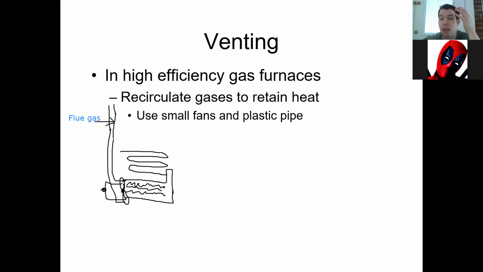If I put plastic piping on a low efficiency furnace, it would not be able to handle it because of the high temperature. It would literally just melt the whole thing, which would not work for us. Once it's melted, then it's leaking, then it's not working, then we're just stirring up the same gas over and over again and killing everybody in the house. So not a good option.